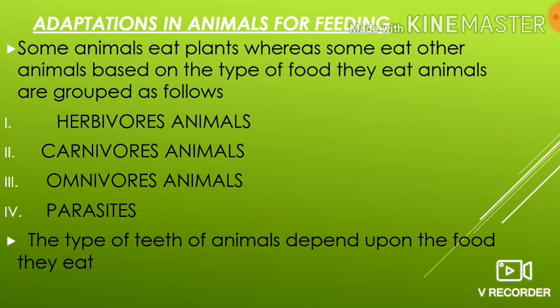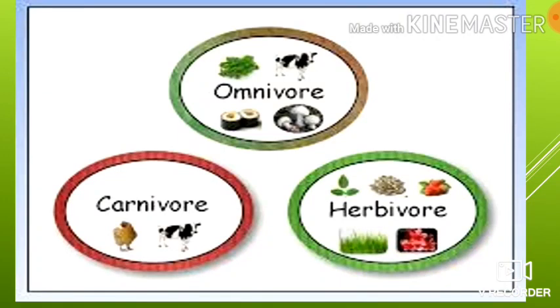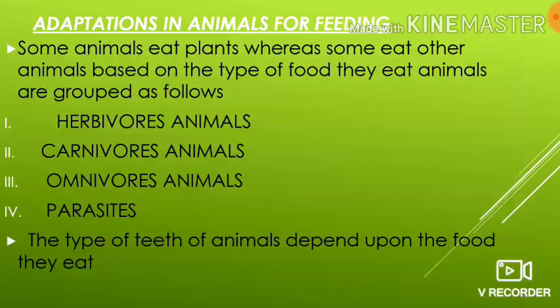And some animals eat plants whereas some eat other animals. Based on the type of food they eat, animals are grouped as follows: herbivores animals, carnivores animals, omnivores animals and parasites.